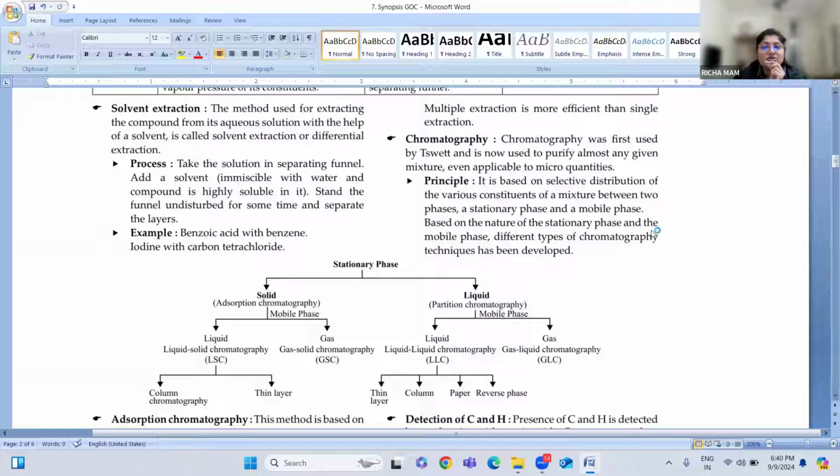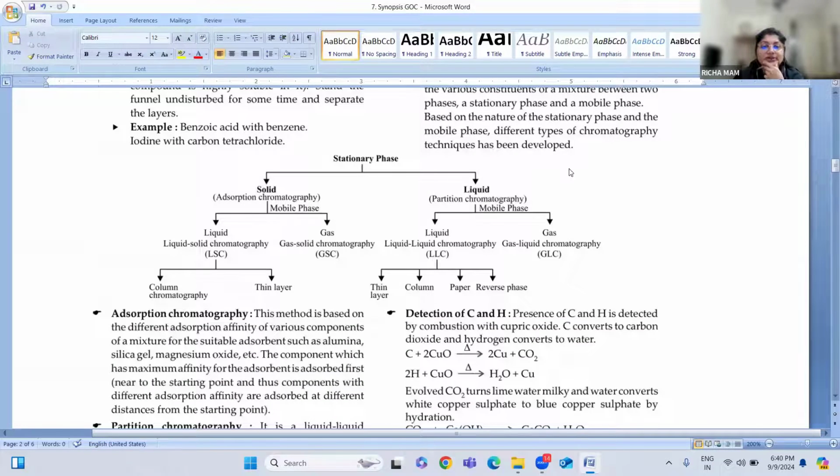Based on these phases, different types of chromatography are there: adsorption chromatography, partition chromatography, paper chromatography, column chromatography, thin layer chromatography, gas liquid chromatography. These are the different chromatography depending upon the type of the stationary and the mobile phase.